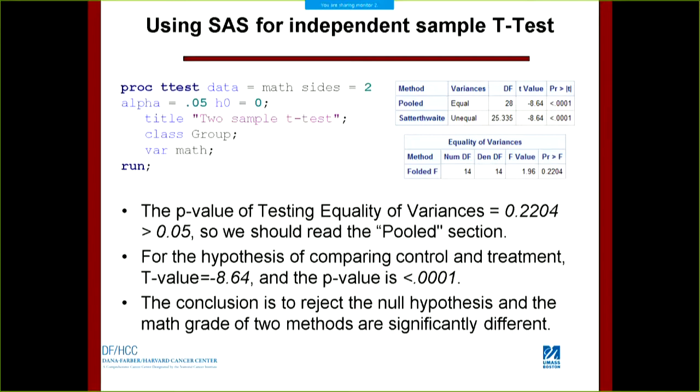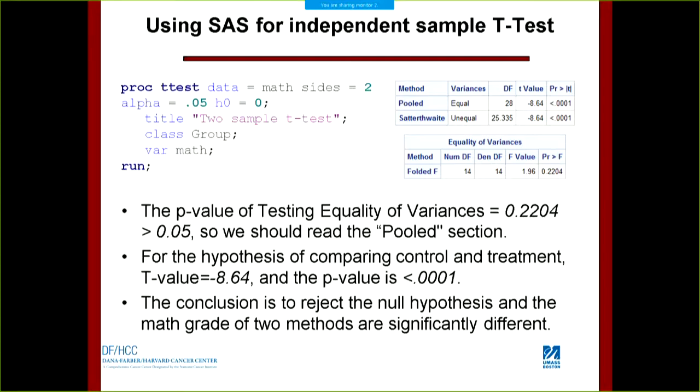Again, in SAS, the output also gives us the test of equality of variances here, which is not rejected. Then we can use the pooled t-test here, with the same t-statistic value you saw in SPSS. The test of equal means is rejected.